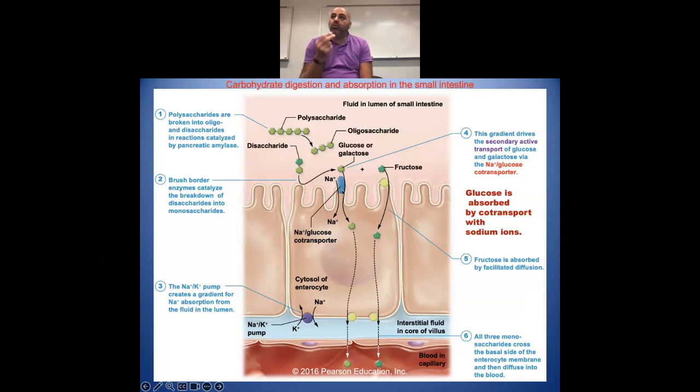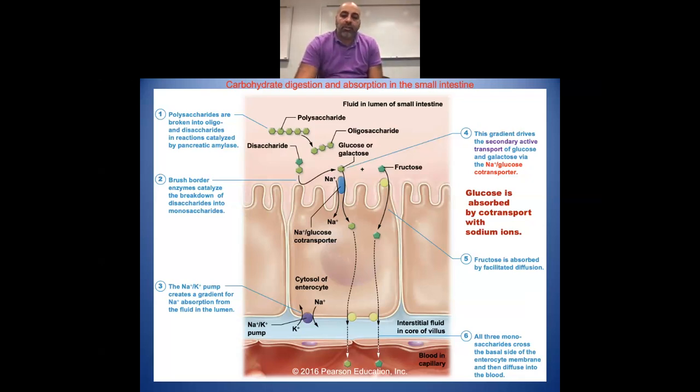We need the sodium to operate this co-transporter. A co-transporter means two things are moved. They can be moved by an antiporter or symporter. Co-transporter means two things are moved in the same direction. Antiporter means two things moved in opposite directions. And we'll talk about that again when we get to the kidney and stuff.